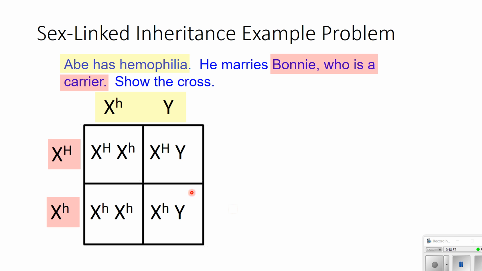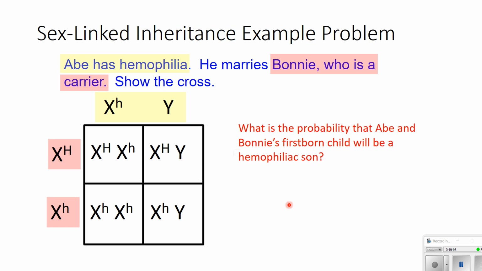of course, we would expect there to be an equal probability of girl versus boy. And you can also get an idea of how likely it is that they would produce a child with hemophilia versus a child whose blood clots normally. So what is the probability that Abe and Bonnie's firstborn child will be a hemophiliac son?